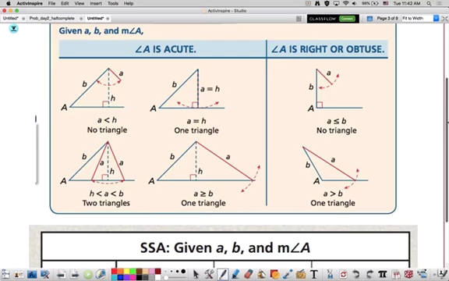Here are the cases I was talking about. Perhaps angle A is acute, and I give you this side and I give you a. If a is less than the height of the triangle, can I make a triangle? How come?